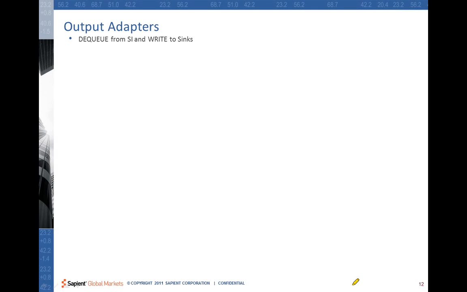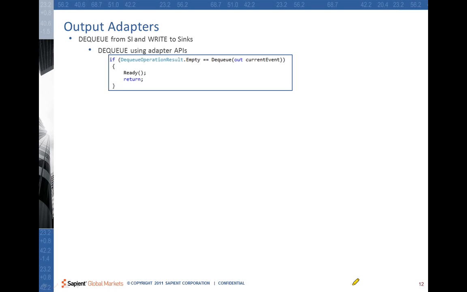Let's move on to how an output adapter would look. Similar to the enqueue function in the input adapter, which pushes data into StreamInsight, we have a dequeue API, which takes data away from StreamInsight, and it does a write to the target. So this would be our dequeue API.